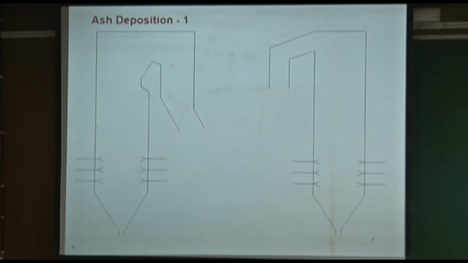Okay, so number one. We have seen in that particular diagram that typically you have a throat in there, and then it goes. This is a very simplistic way that I have redrawn it here, as if these are the multiple opposed burners.